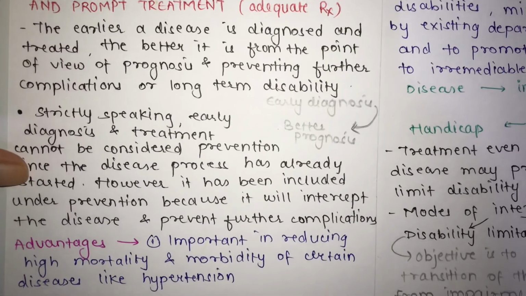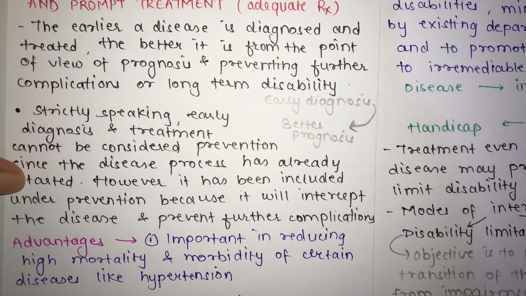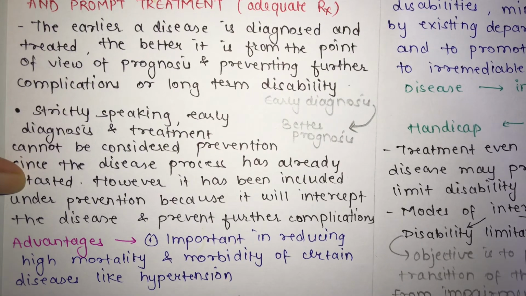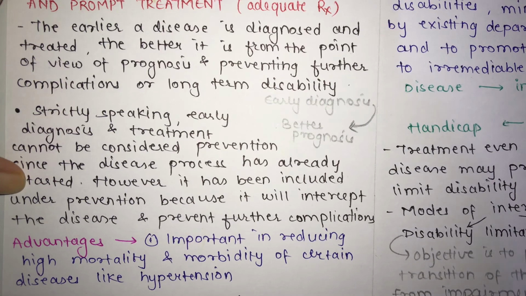So what are the advantages? First, it is important in reducing the high mortality and morbidity of certain diseases like hypertension. There are many cases where, if hypertension is not diagnosed or prevented at an earlier stage, it can lead to high mortality and morbidity. Mortality is the death rate and morbidity is the disease state of a person.